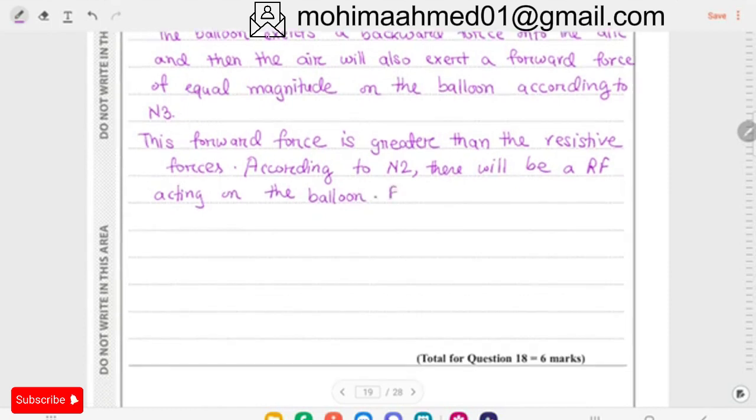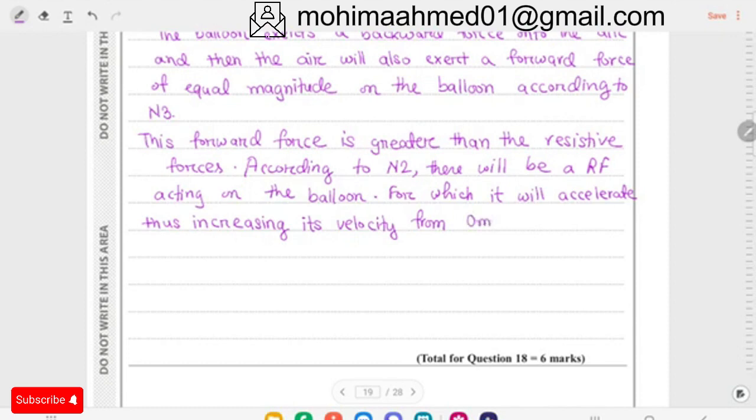So it will accelerate and its velocity increases from 0 meters per second.